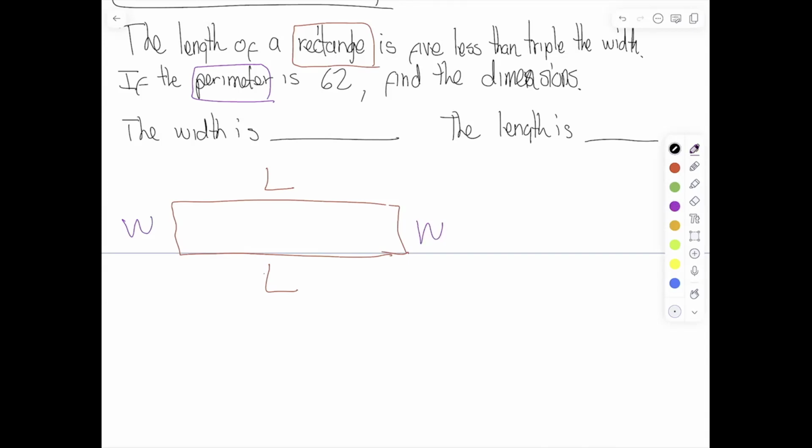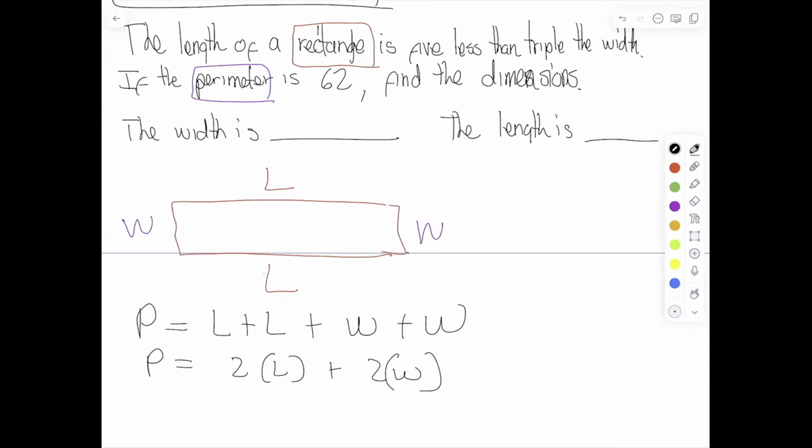If you forgot the formula for the perimeter, you could write P equals L plus L plus W plus W, and then P is equal to 2 times L plus 2 times W. Because that is the formula for the perimeter. So now, this is the basic stuff that you need to be able to do the problem.